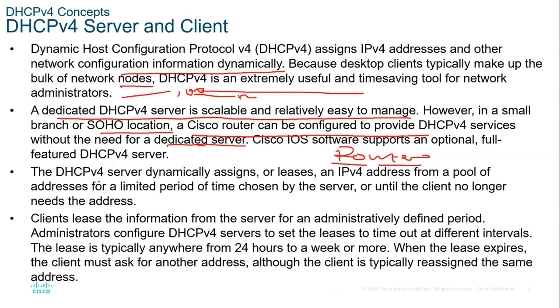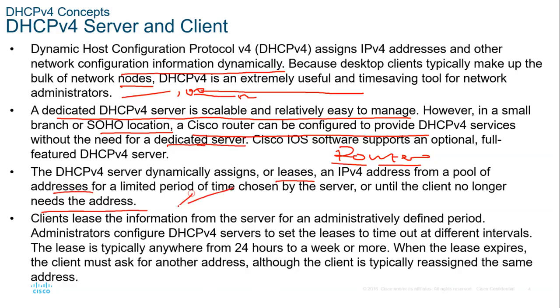So a DHCP version 4 server dynamically assigns or leases an IP address from a pool of addresses for a limited period of time, or until the client no longer needs the address.